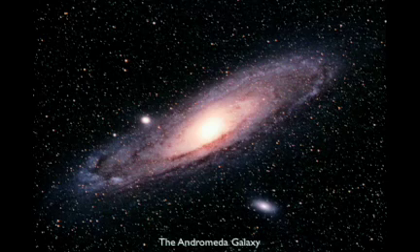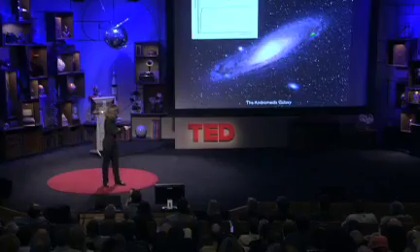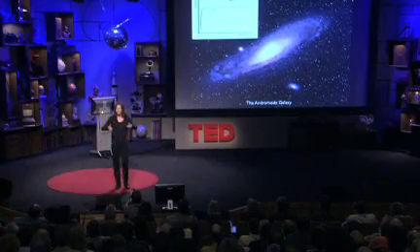In other words, if we measured speed as a function of distance, this is the only time I'm going to show a graph, okay, we would expect that it goes down as the distance increases from the center of the galaxy. When those measurements are made, instead what we find is that the speed is basically constant as a function of distance. If it's constant, that means that the stars out here are feeling the gravitational effects of matter that we do not see.